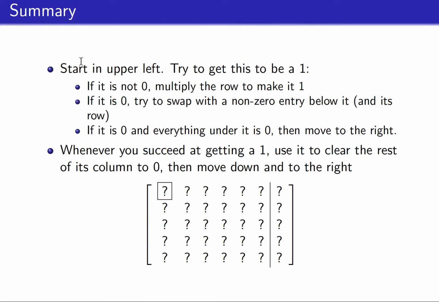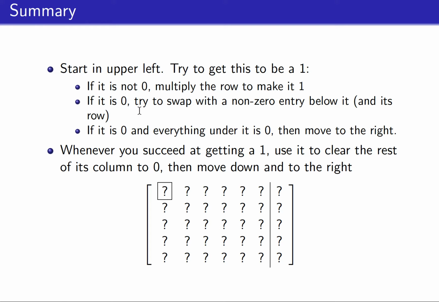But first of all, let me just summarize what's going on. You're going to start in the upper left. You're going to try to get this to be a 1. This is how. If it's not 0, multiply the row to make it 1. I guess this includes the case where it's already 1, and you multiply it by 1, or just skip it, it's already a 1. If it's 0, and you try to make it a 1, try to swap with a non-zero entry below it, and it's a whole row.